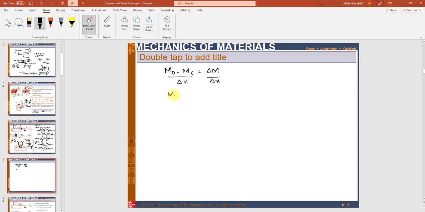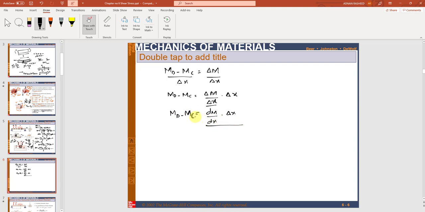So mD minus mC will be equal to delta M over delta x into delta x. If delta x is very small, we can write it as dM over dx into delta x. So mD minus mC will be equal to this term.